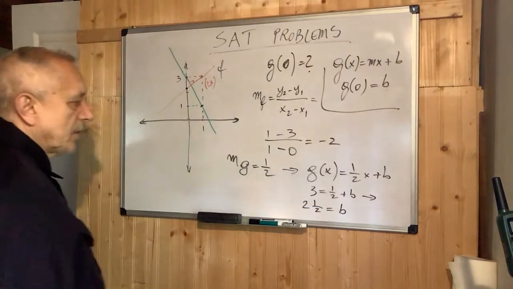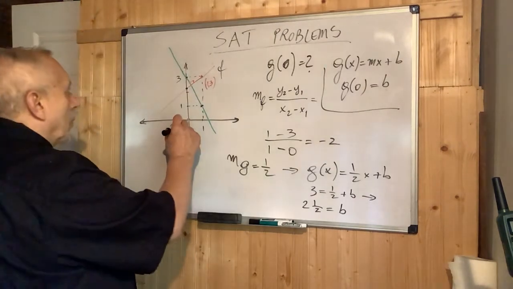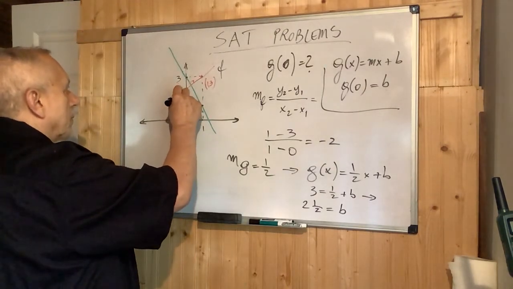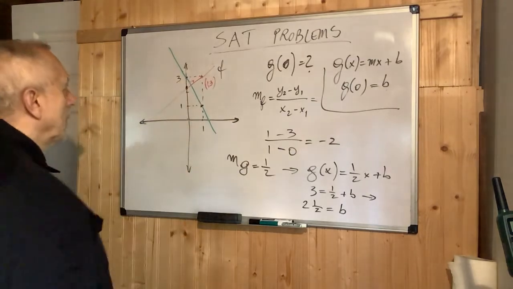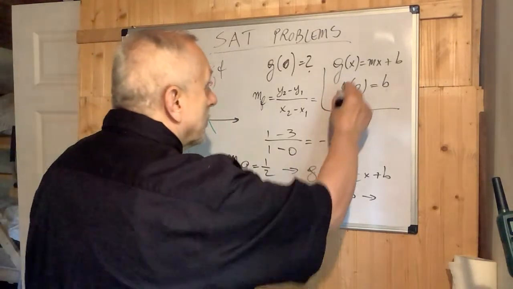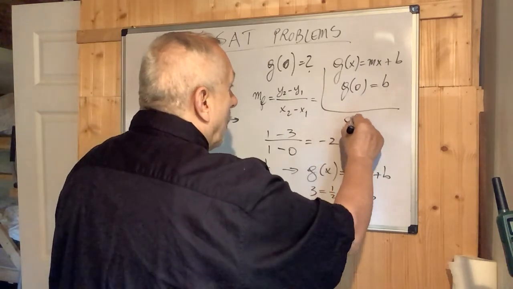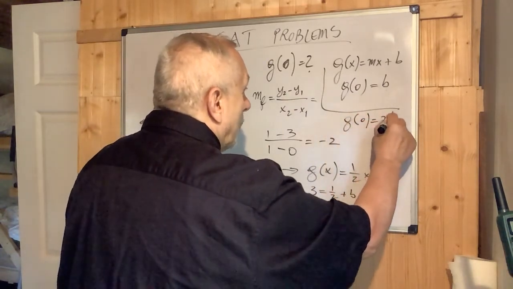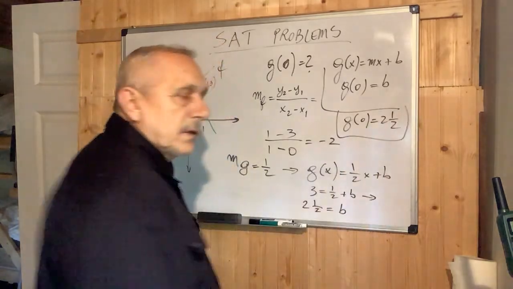So that's the value, 2.5. According to the drawing, it should be about two and a half, and that's the value here. So g of 0 is 2 and 1 over 2. That's the result. Thanks for watching.